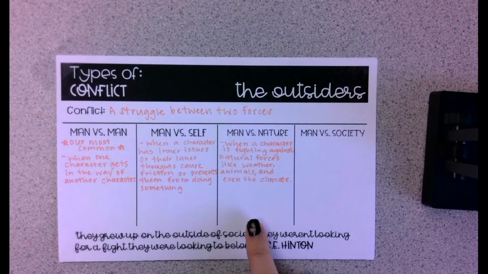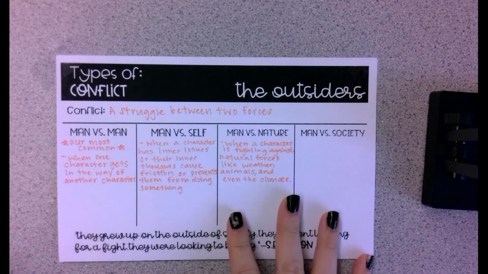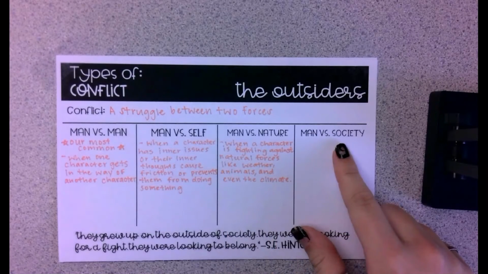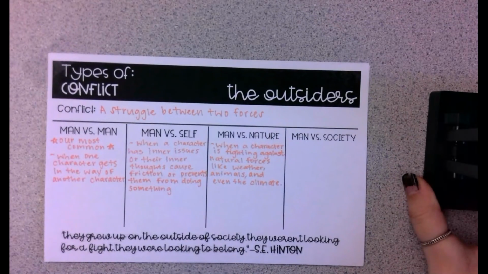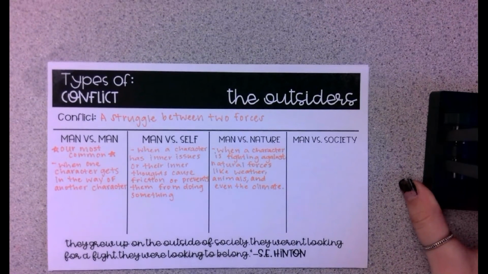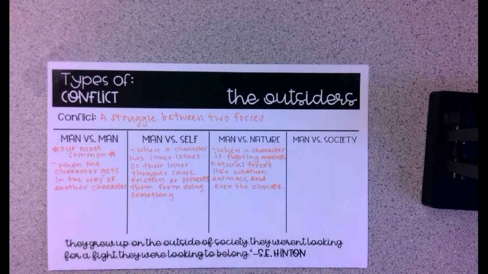Alrighty guys, last one is going to be man versus society, and this one is also a very large factor in The Outsiders, and we'll talk about that more in depth as we move forward, because society is one of our biggest topics actually of The Outsiders as well.